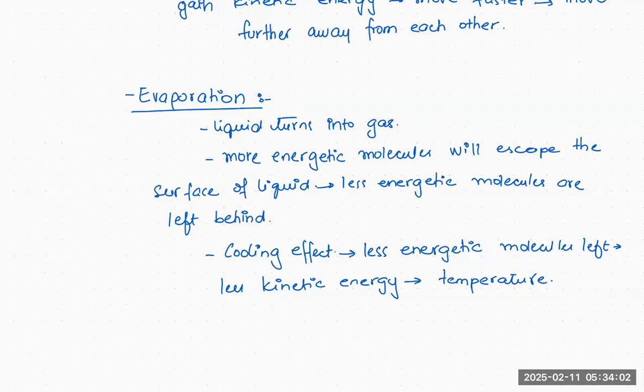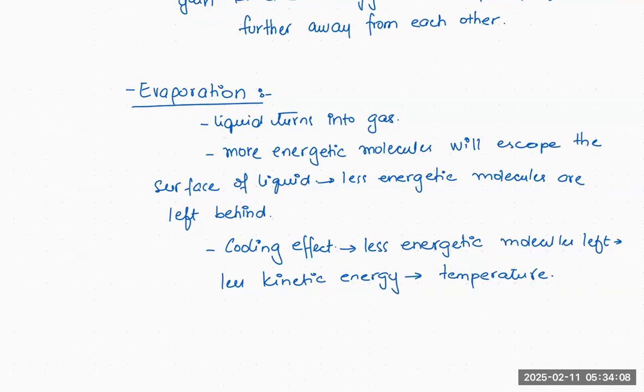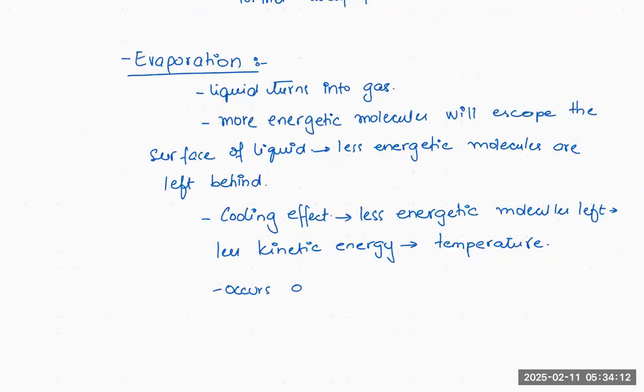Now, evaporation occurs over a range of temperature. This is where evaporation is different than boiling point. Boiling point is a specific temperature. For water, the boiling point is 100 degrees centigrade. At 100 degrees centigrade, we are going to see boiling. That's it. Evaporation can occur over a range of temperatures.